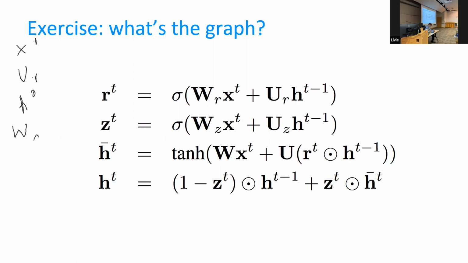So if we have these things given, what do you want to make our first node in this graph? And I'm actually going to draw out W sub R here. And what operation between them? Matrix multiplication.